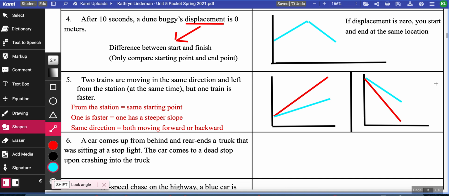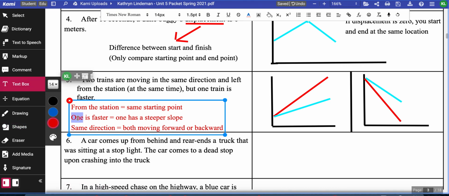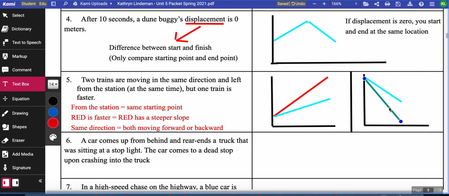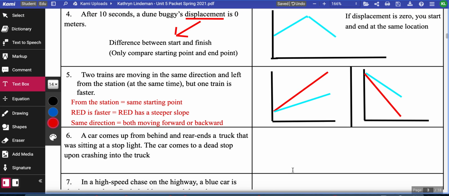The red one is moving faster. So just to make sure that's going with both of these.